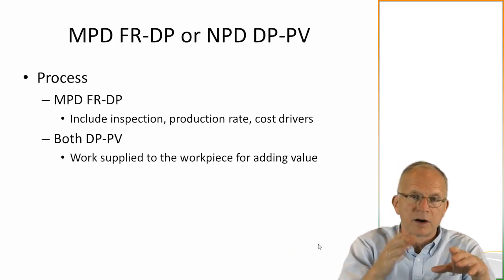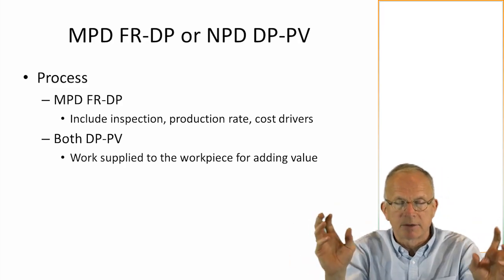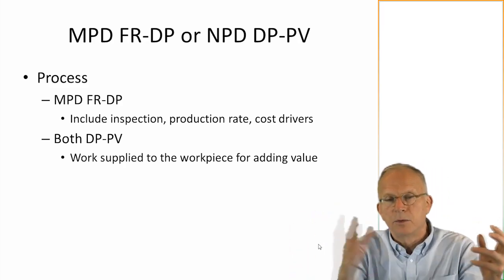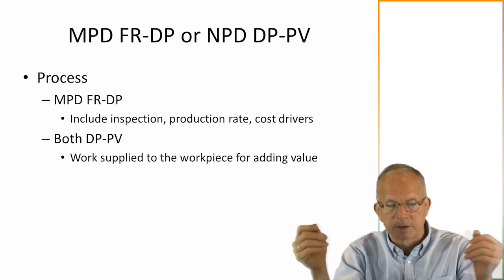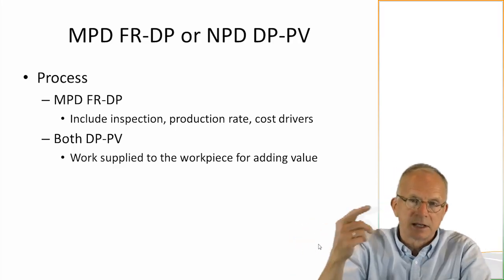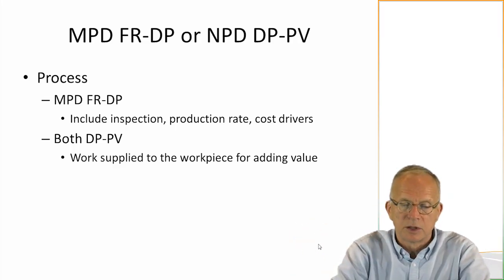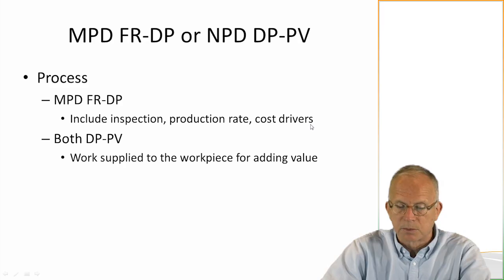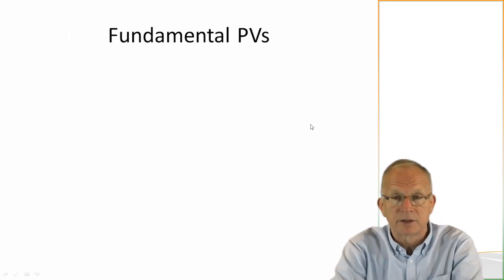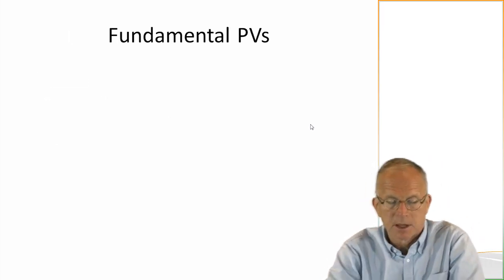So if you do the FRDPPV for the new product development, then you'll be able to uncover some of these problems. And then as the next step, you could go to the manufacturing process development, FRDP space, and introduce things like inspection, production rate, and other cost drivers in manufacturing.